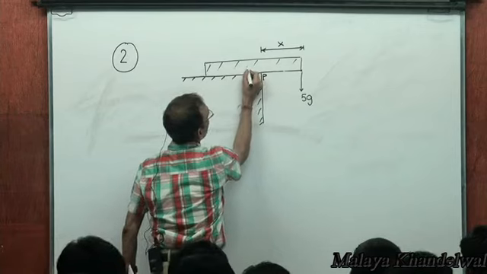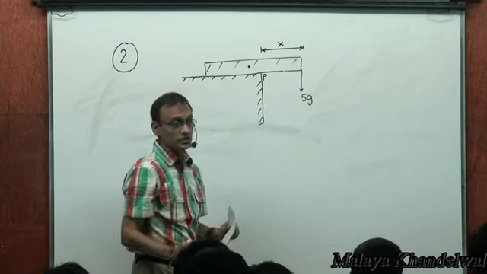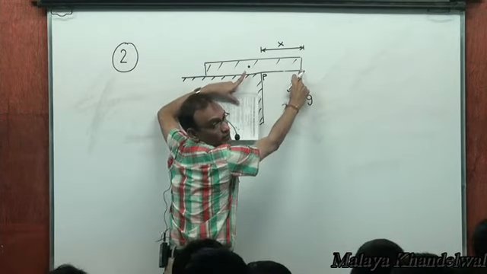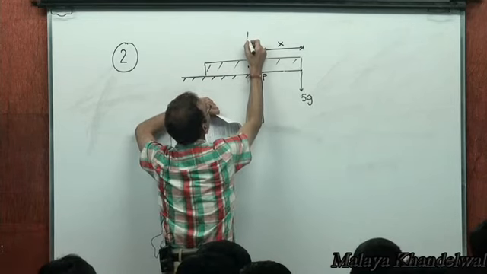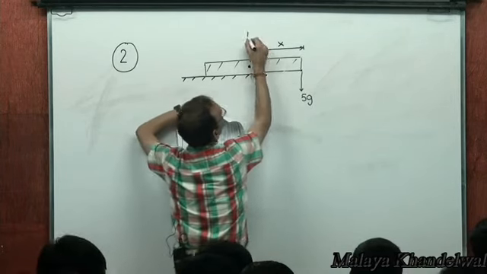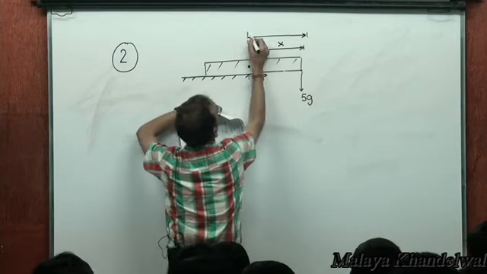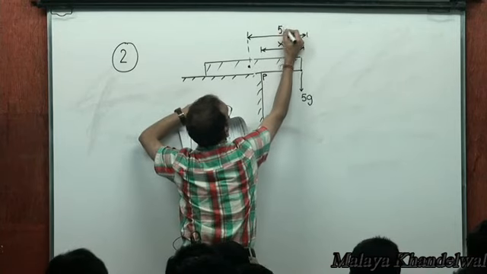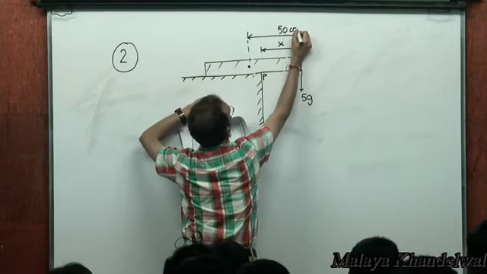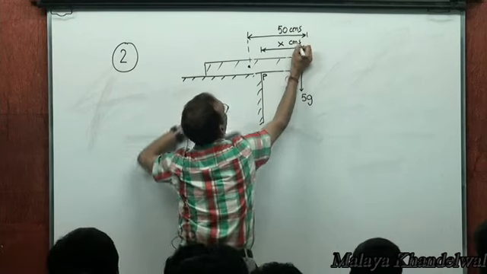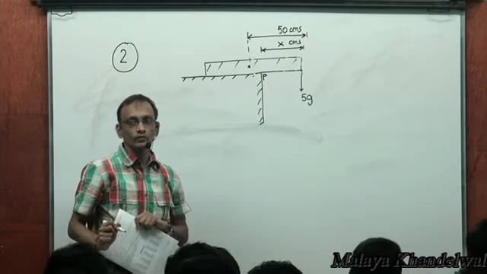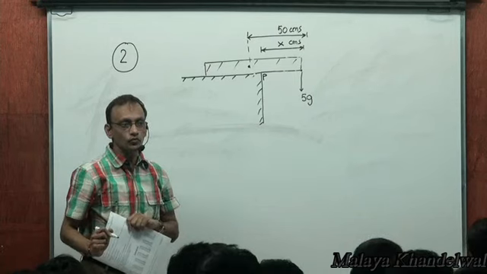The center of mass of the rule, which is 100 centimeters long, would be 50 centimeters from here, right? Yes or no? Right?